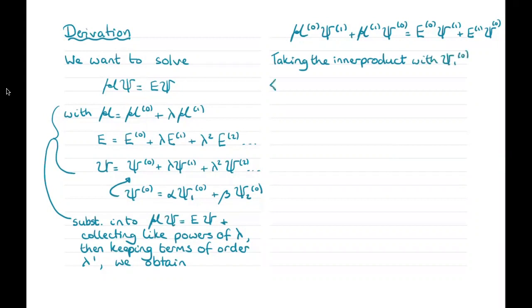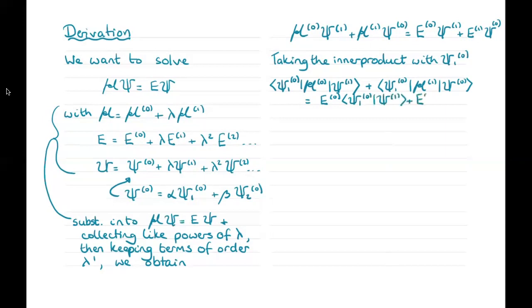And that gives us this equation here: psi1 of 0, h0, psi1, plus psi1 of 0, h1, psi 0, is equal to E0, psi1 0, psi1, plus E1, psi1 0, psi 0.